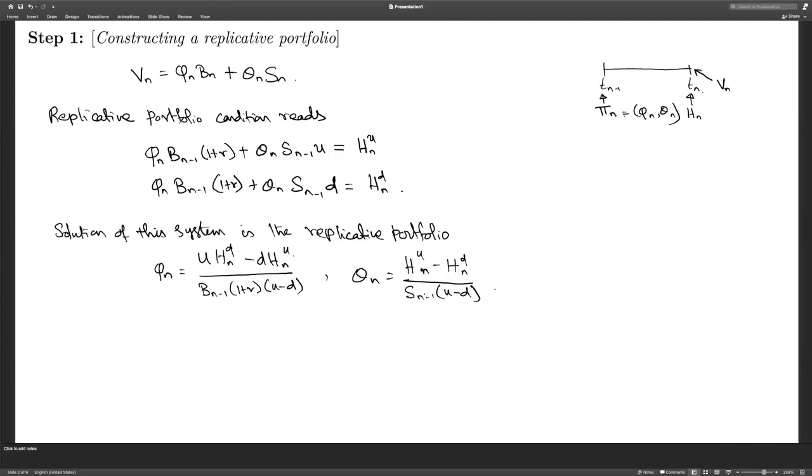So we obtained the replicating portfolio at time level T_{n-1}.